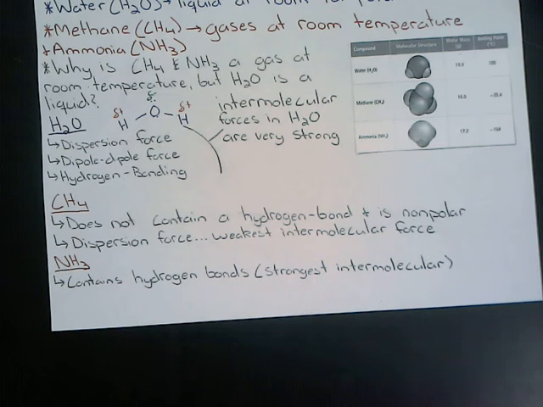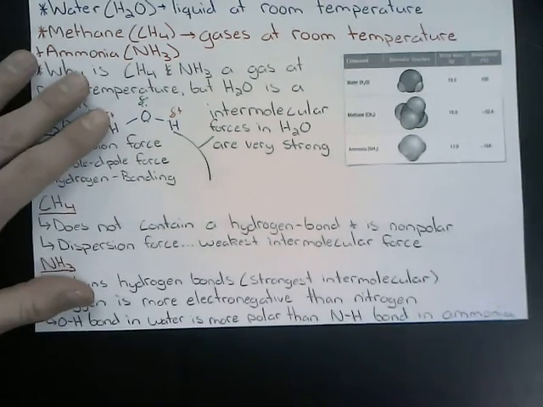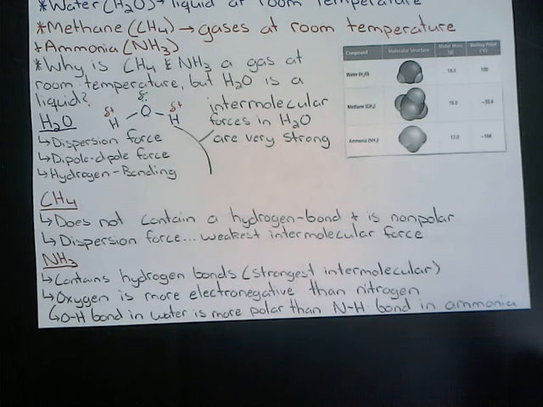Well, the answer to this comes from something that we studied when we talked about the polarity of molecules, and that is this. Oxygen is more electronegative than nitrogen. What happens as a result, the oxygen-hydrogen bond in water is more polar than the nitrogen-hydrogen bond in ammonia. So it's pretty cool here with this question of why water is a liquid and methane and ammonia are gases. We put a lot of concepts of chemistry together with what we have just learned.